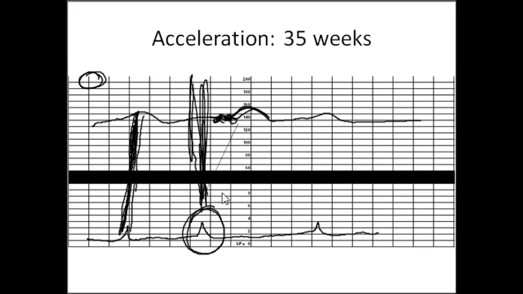So that would be considered a late acceleration. Well, this would be considered an early acceleration. Early meaning that the peak and the uterine contraction would occur at approximately the same time. A late would be a delayed fetal heart rate response. And then this one would be an early as well.